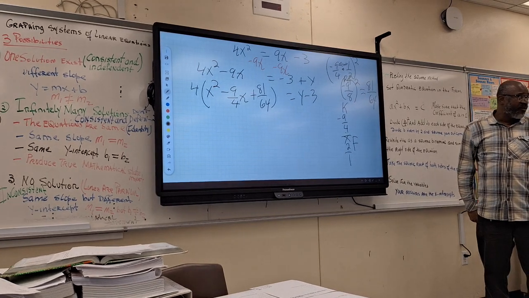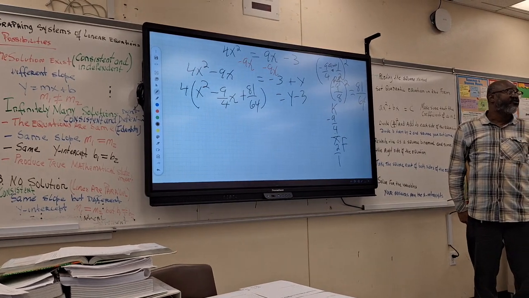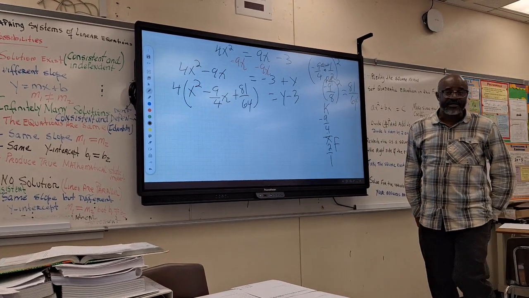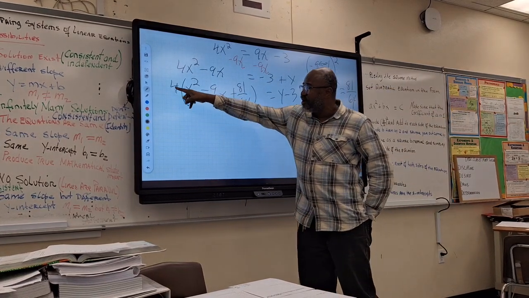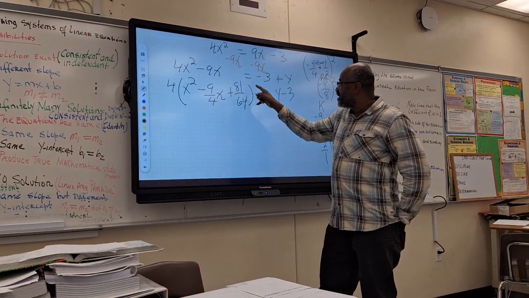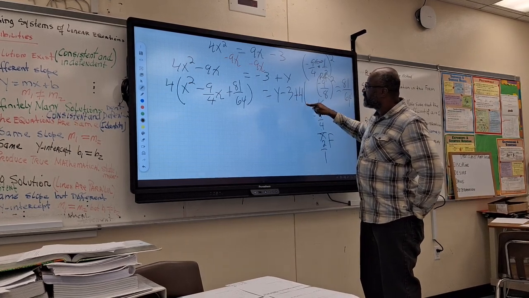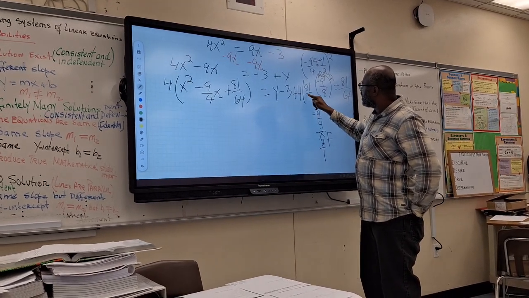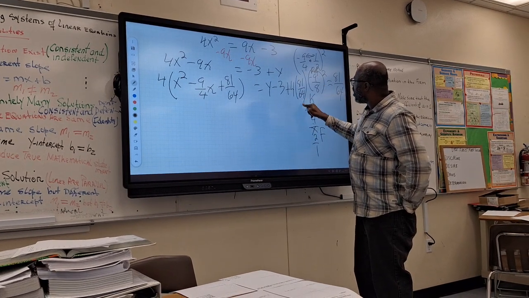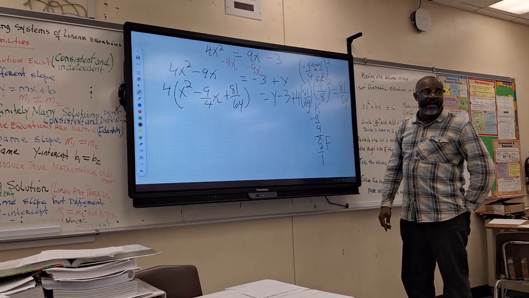But in reality, what do you add? 4 times that. That's what you add on the other side. You see the 4? You multiply it by that. 4 times 81 over 64. Otherwise, your equation will not be balanced.